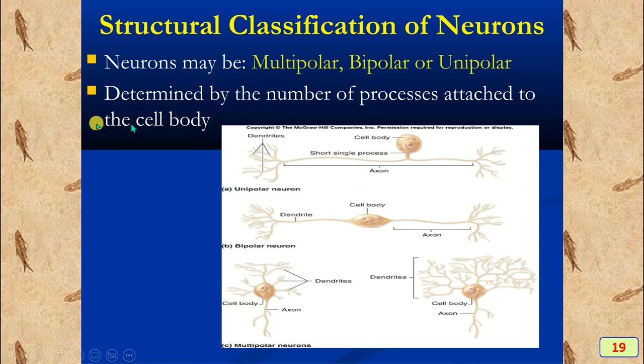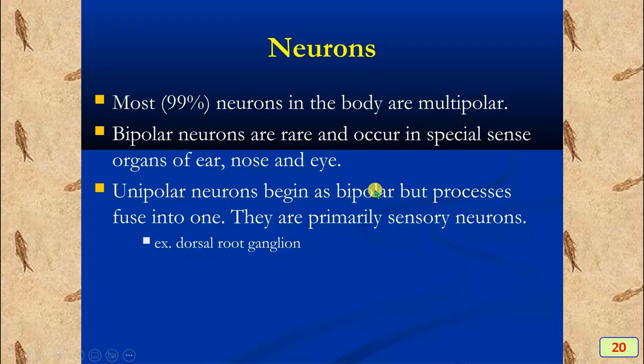So this is the multipolar neuron, with multiple processes attached to the cell body like this. The neurons are the basic structure of the nervous system, and 99% of neurons are multipolar in nature, and bipolar neurons are rare and occur in special cells of the organs: ear, nose, and eye.